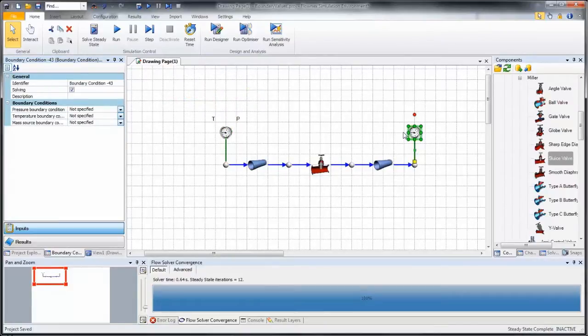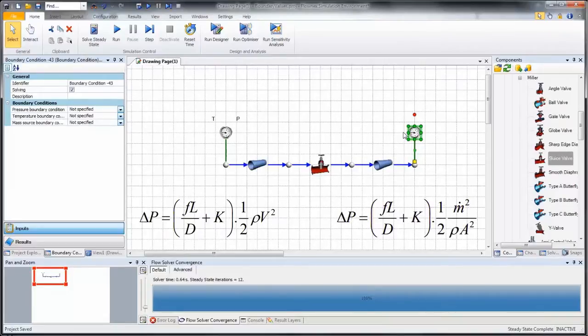And I'll first talk about the pressure flow specification. And for this, we'll dig up some theory. A simple representation of the relationship between flow and pressure loss can be imagined using the equation delta P equals (FL over D plus K) times a half rho V squared, which also equates to delta P equals, again, (FL over D plus K) multiplied by half times the mass flow squared divided by density and area squared.